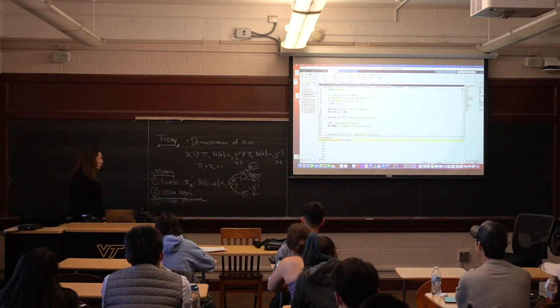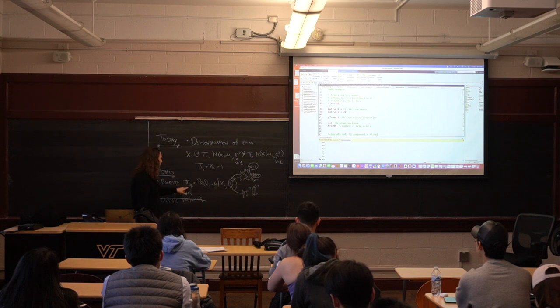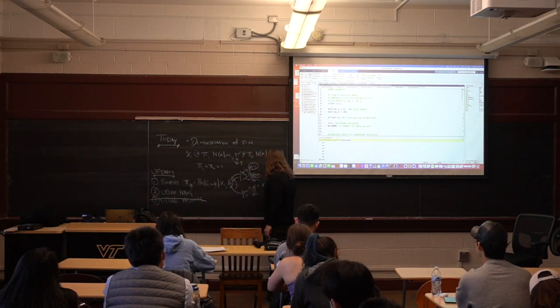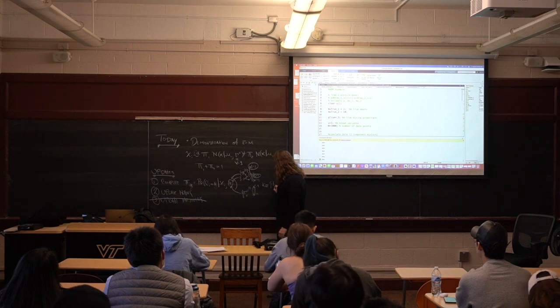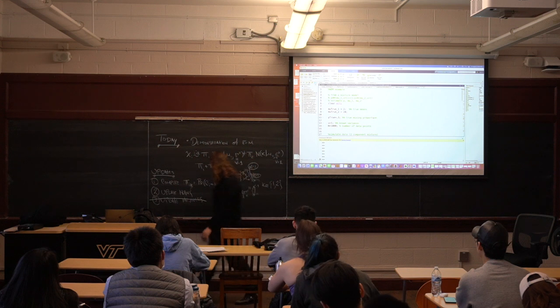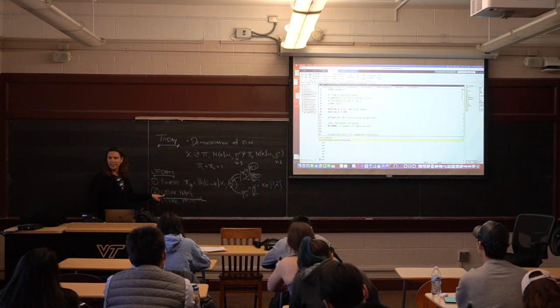What my code's going to do is compute these probabilities, these pi i k's right here, for k equal to 1 and 2, since cap K is 2 in my example. So I'll compute all of those probabilities, and then I'm going to use those probabilities to update the means and everything.